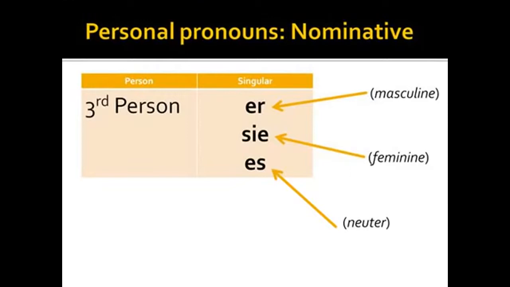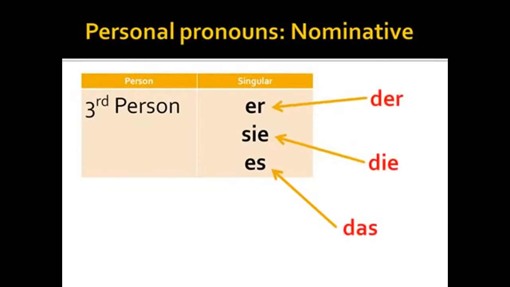What we can do in German is substitute the definite articles der, die, and das with the personal pronouns er, sie, and es. He, she, and it. So, what is the benefit of that? Why should I substitute a definite article and a noun combination with a personal pronoun?